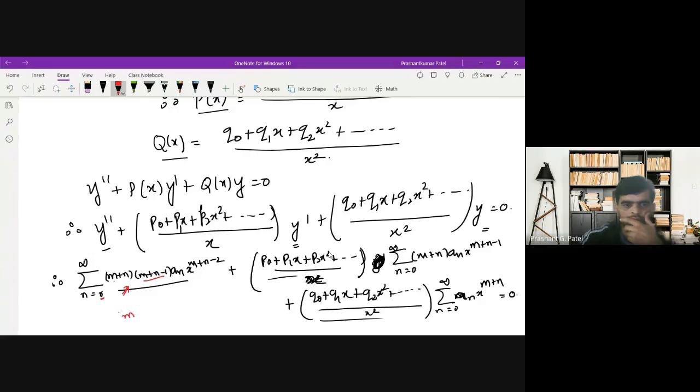This gives you m into m minus 1, a0, x power m minus 2. That is the term that comes for n equal to 0. What about here?